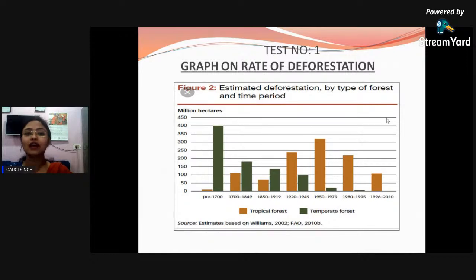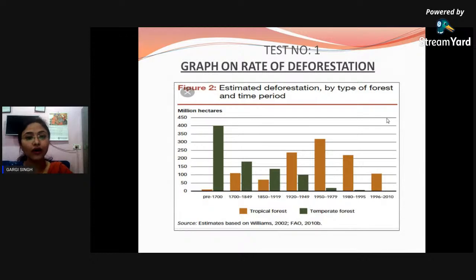In the vertical line, you see million hectares, that is the area covered under deforestation. It starts from 0 million hectares and ends at 450 million hectares. Then you see two colors, which represent two types of forest. Yellow represents tropical forest and green represents temperate forest.